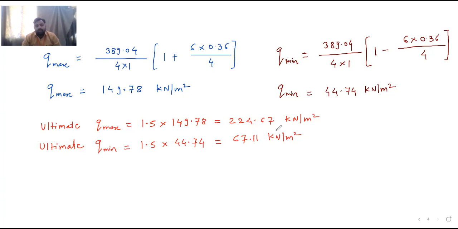Okay, so these are the values which we have got right now for the pressure intensity. So if you see the diagram of this, if I draw the diagram for this, then it will be like this. It is not the rectangular diagram. So here the pressure intensity is maximum pressure intensity like this.